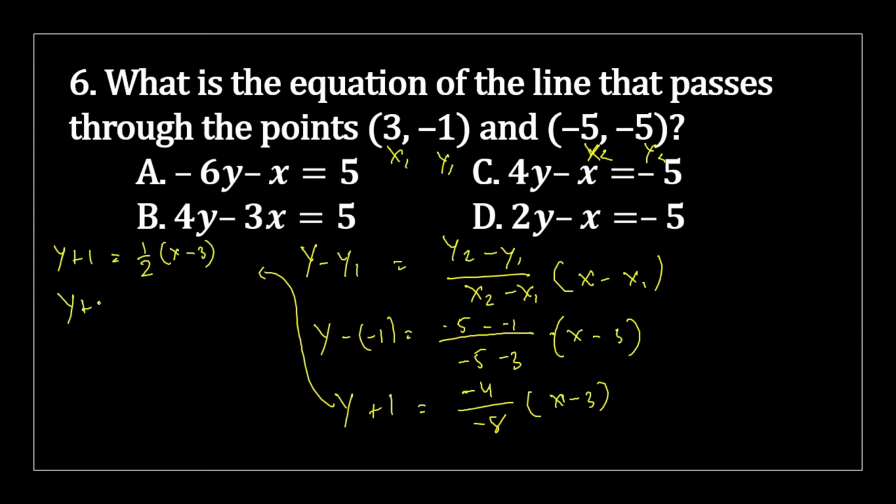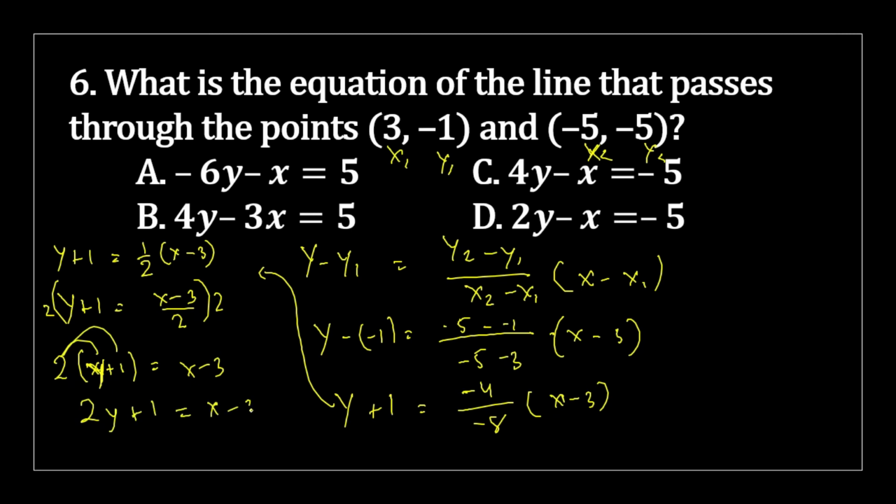And y plus 1 is equal to x minus 3 over 2. So let's multiply both sides by 2 to eliminate the fraction. So we have 2 multiplied by y plus 1 is equal to x minus 3. So 2y, distribute this, plus 1 is equal to x minus 3.